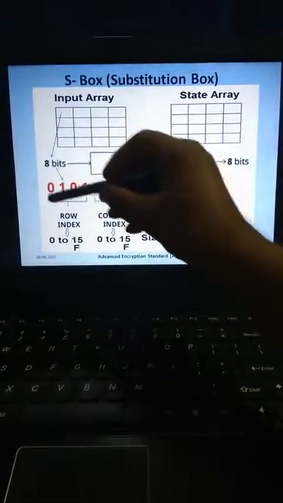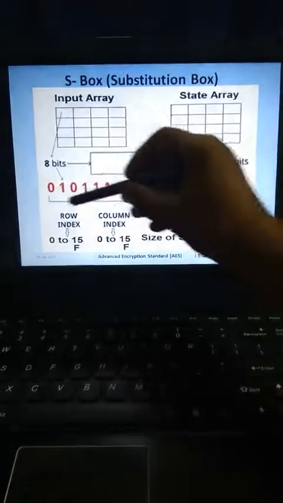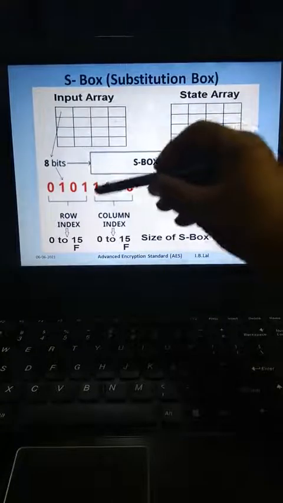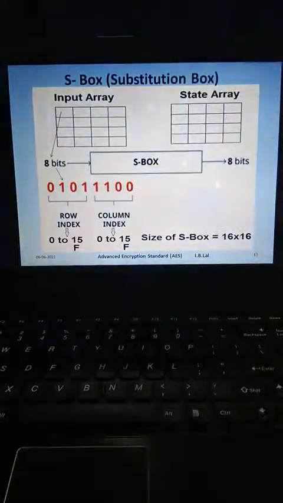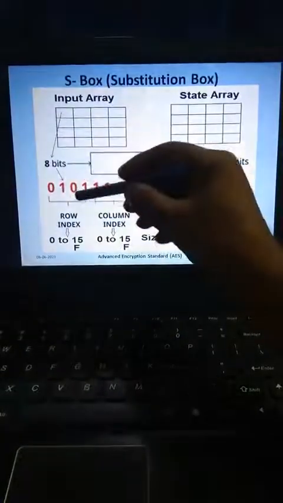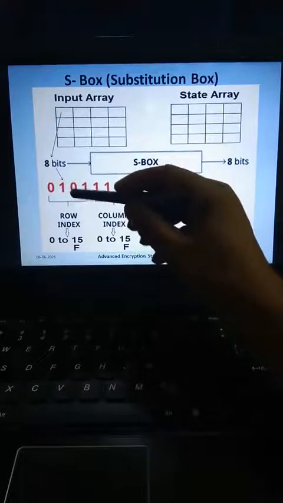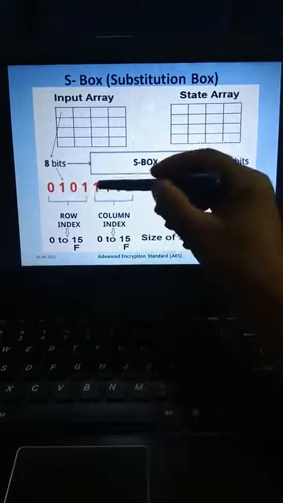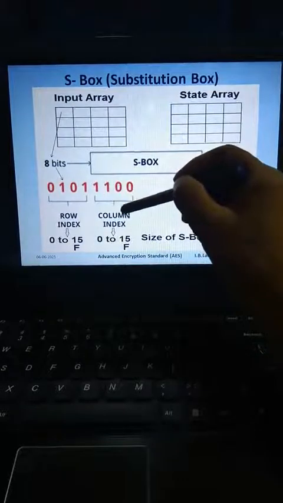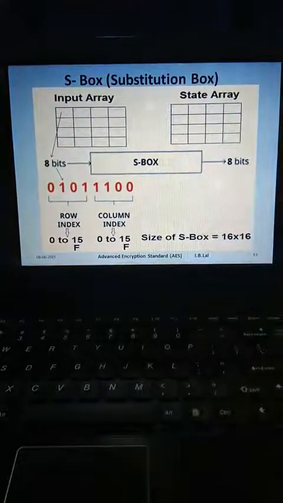The first number converted into the decimal system gives us the row number, and the second converted into decimal gives us the column number. 0101 would be converted to a decimal number and that would be the row number. Again, 1100 would give us the column number.